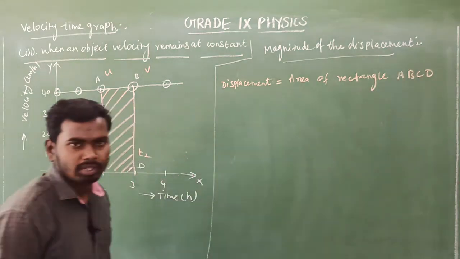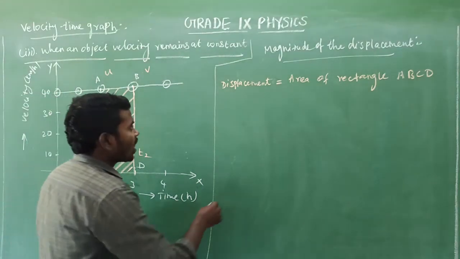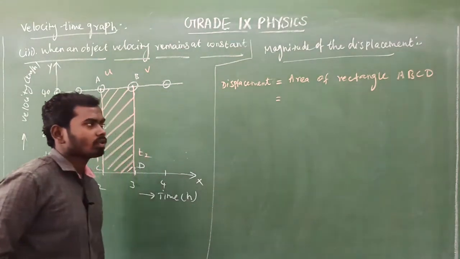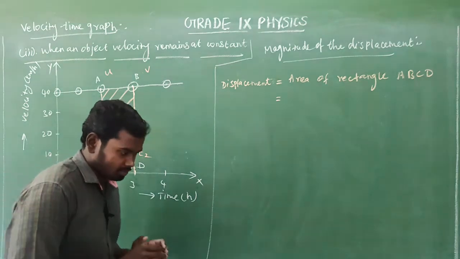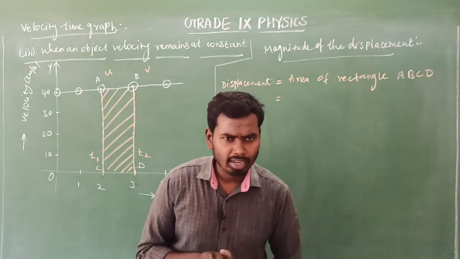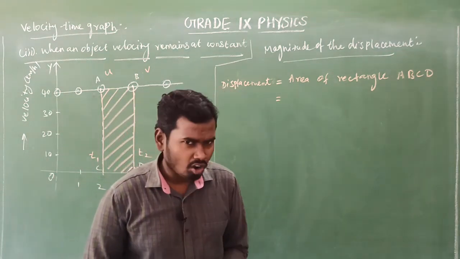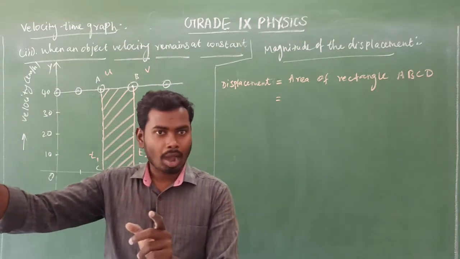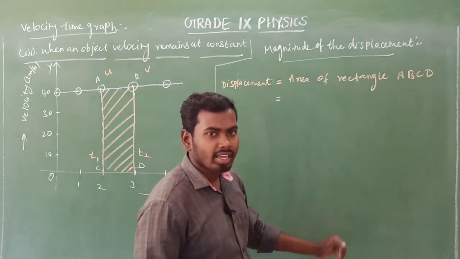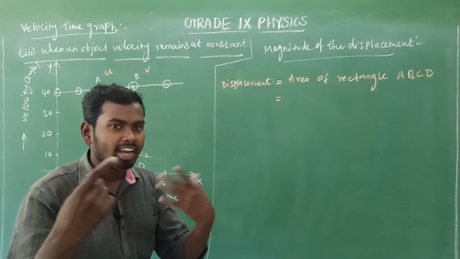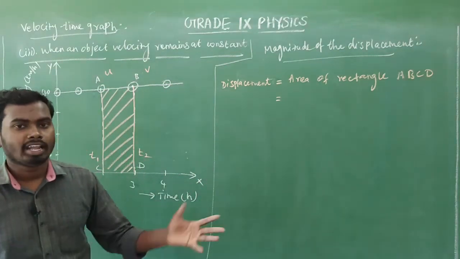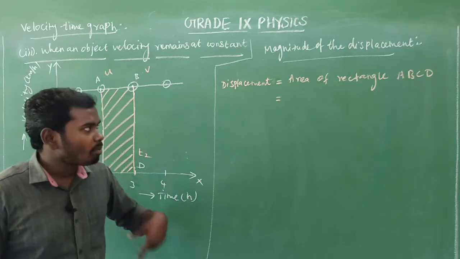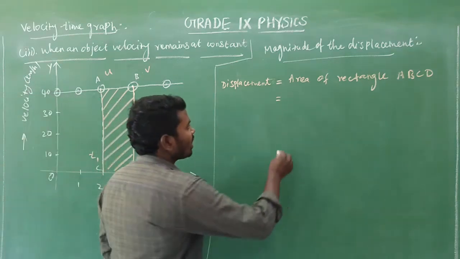What is the formula for the area of a rectangle? Is it half BH? No, half BH is for the area of a triangle. The area of a rectangle is L into B, length into breadth. I am going to use that formula here.